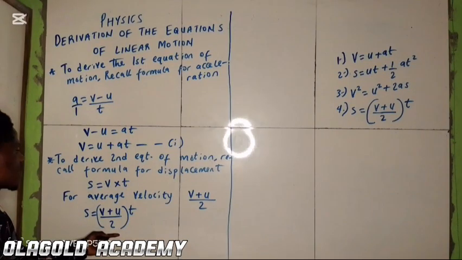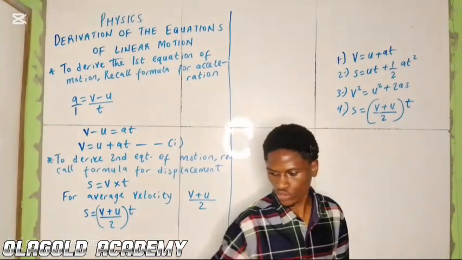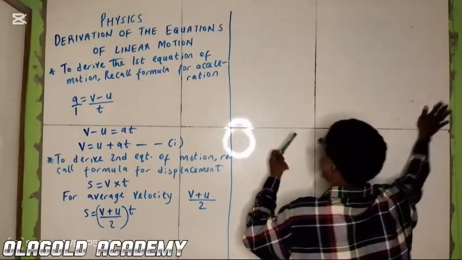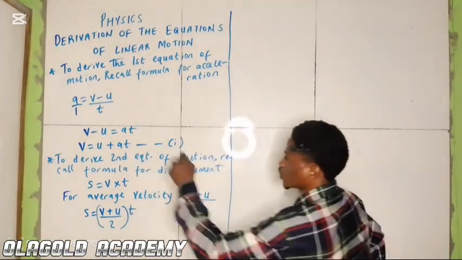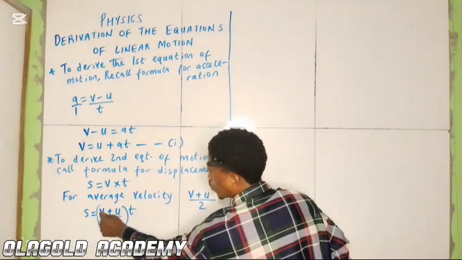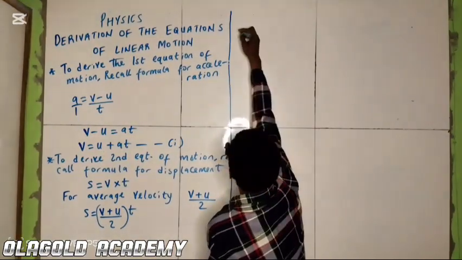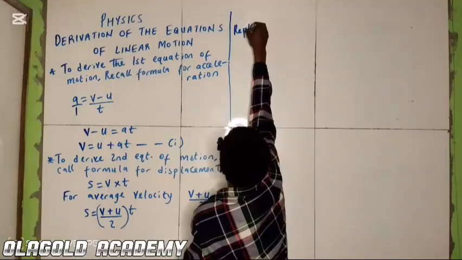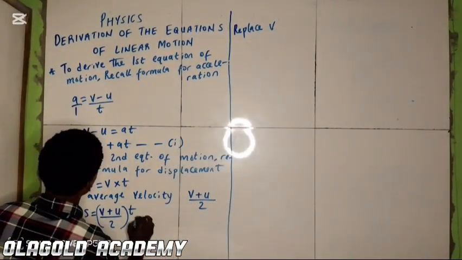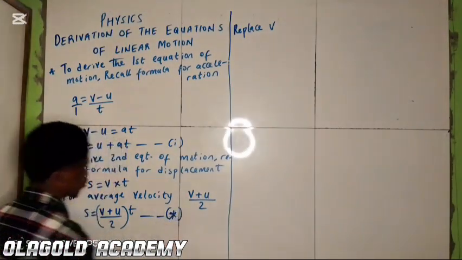Alright. The next thing we are going to do here is to replace this V here with this. The value of V we are going to replace it with this here. Let's call this one equation asterisk.